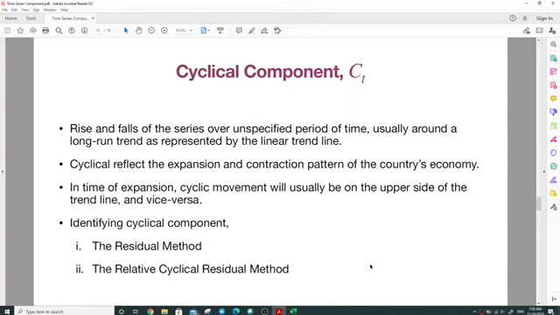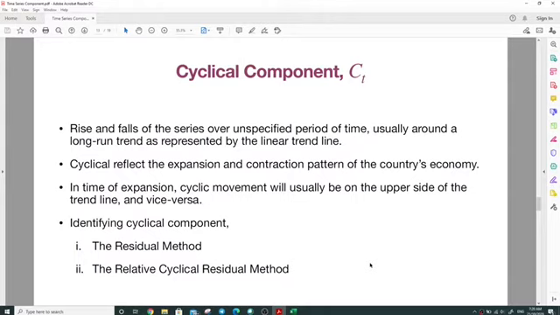So in this video session I want to discuss the cyclical component. This particular component we can define by the rise and falls of the series over an unspecified period of time. That's the difference between the cyclical component and the seasonal component.